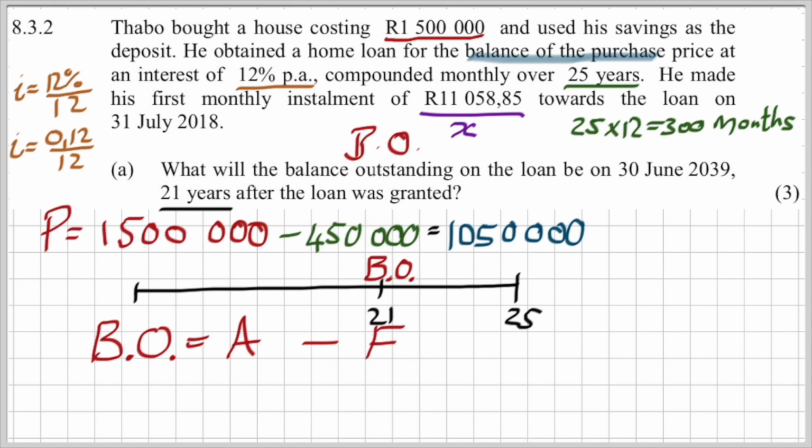All the payments together are worth after 21 years. We have a video that explains this in detail on the Junior Tukkie website. So please have a look at this.